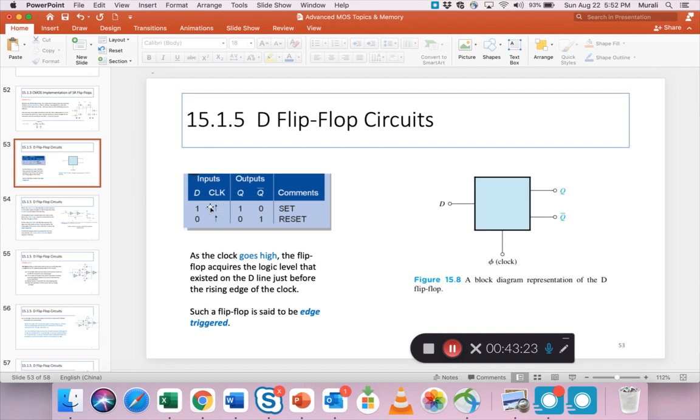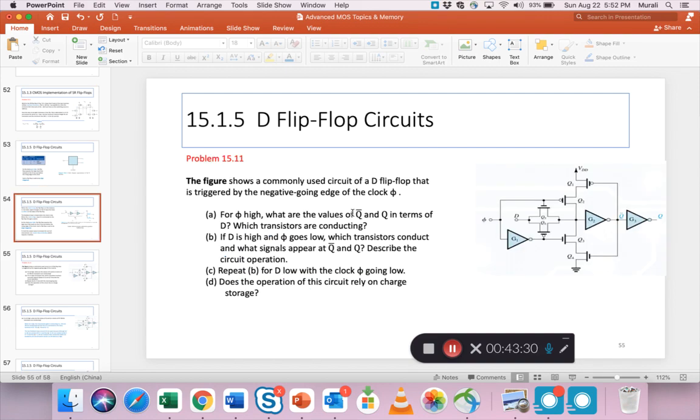So on the falling edge, whatever is on D has to come out to Q. Okay? So that's what it is. And what the question asks is, if phi is high, if the clock is high, what is available at the outputs, Q bar and Q? So you first get Q bar, then you invert that to get Q.